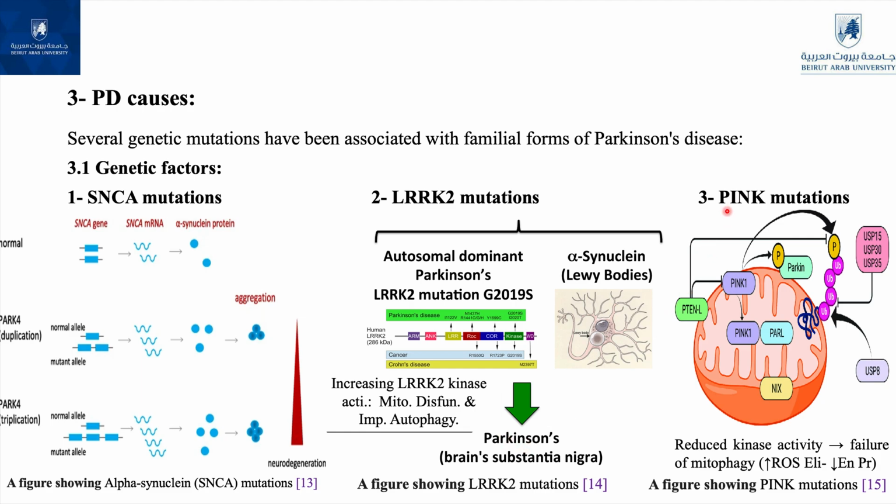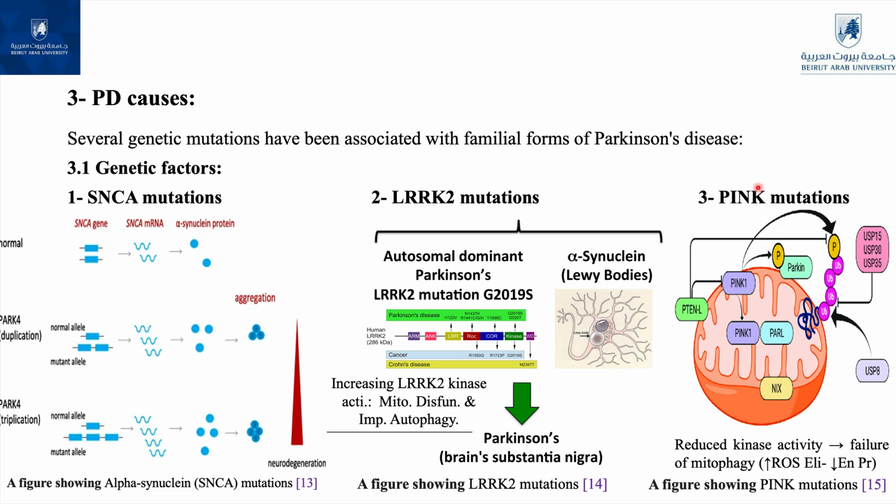And also the PTEN induced kinase mutations can also lead to Parkinson's disease. Why? Because the PTEN induced kinases are important for the elimination and ubiquitination of proteins, and we can say that the PTEN induced kinases are essential for mitophagy.